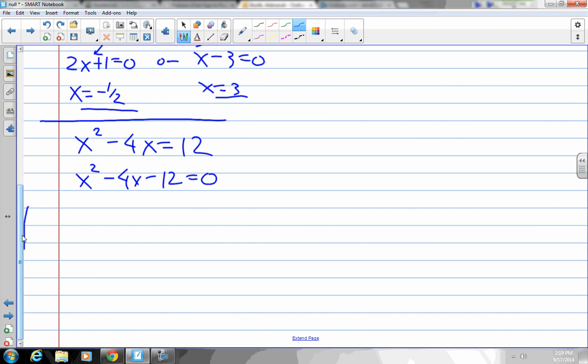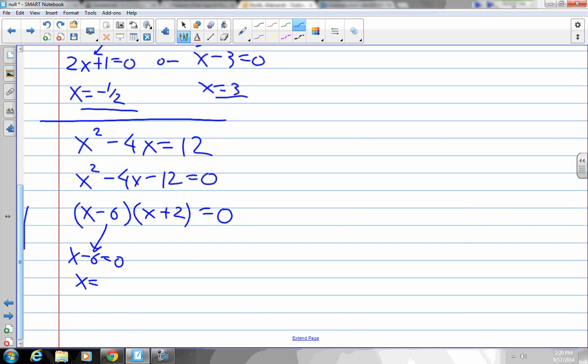Can you factor that? x squared minus 4x minus 12, how do you factor that? Yeah, multiplies to the last term, adding to the middle term, x minus 6, x plus 2. So then you set both of those to 0.